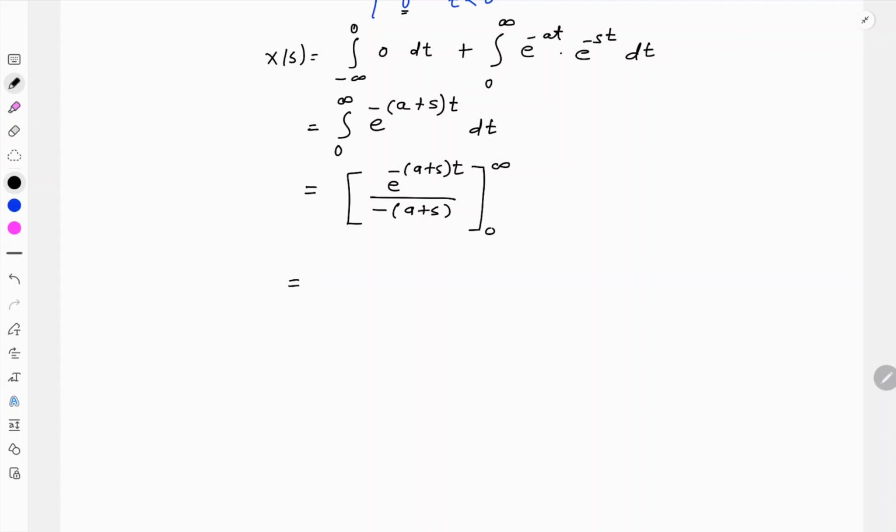Upper limit minus lower limit. The upper limit is infinity, so e raised to minus a plus s into infinity, minus the lower limit, e raised to minus a plus s into 0, and for both terms the denominator is minus of a plus s.